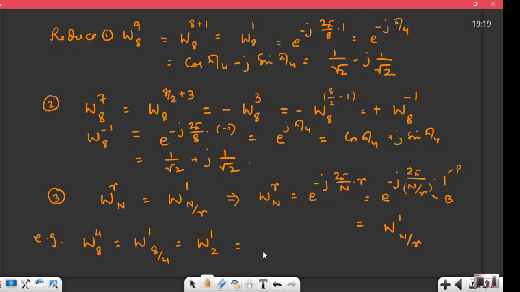W12 is minus e to the power minus j 2 pi by n into 1, which is e to the power minus j pi, cos pi minus j sin pi. Sin pi is 0, so this is minus of 1.